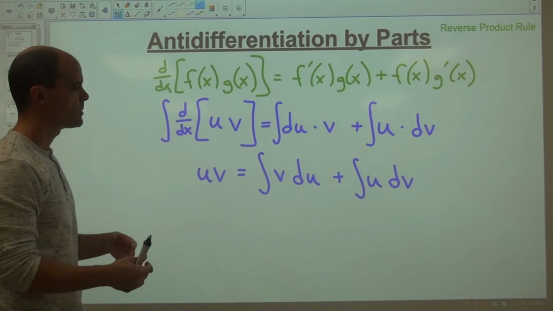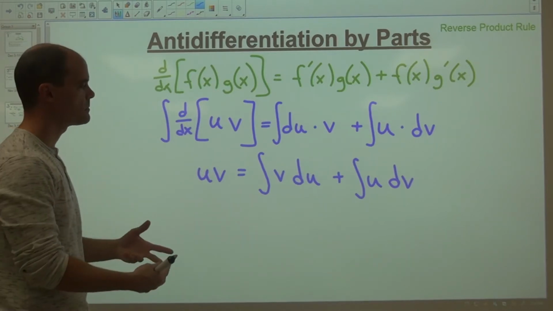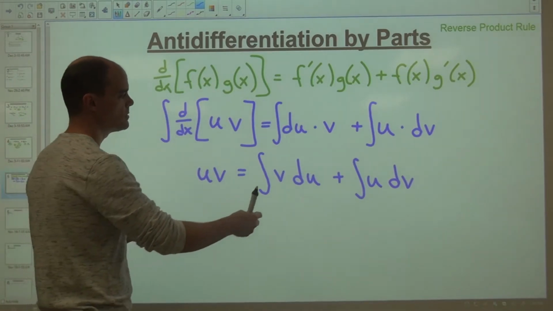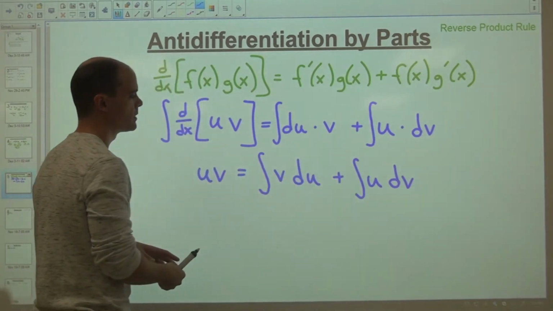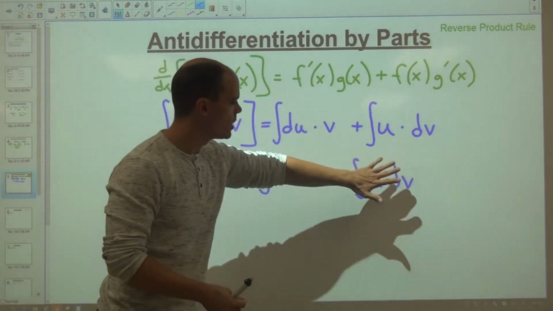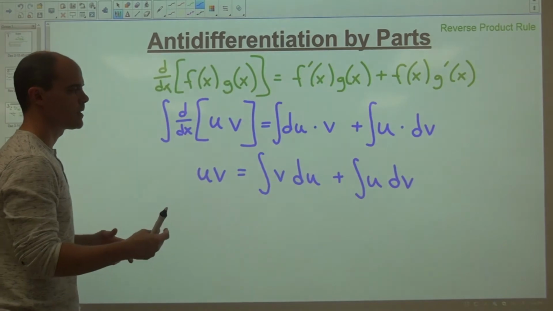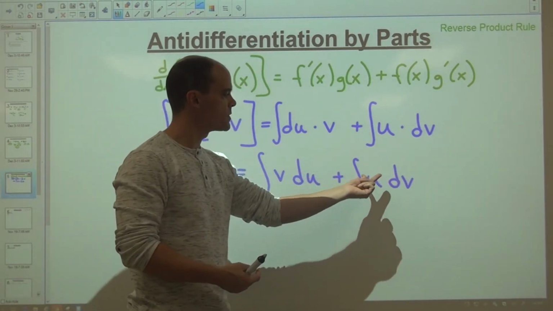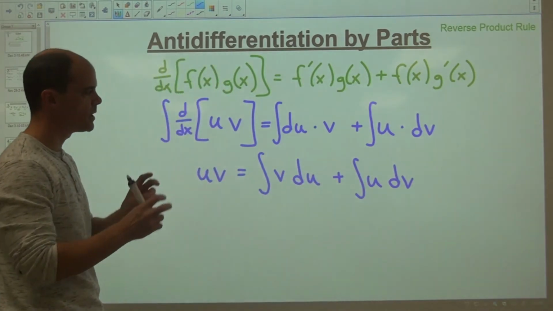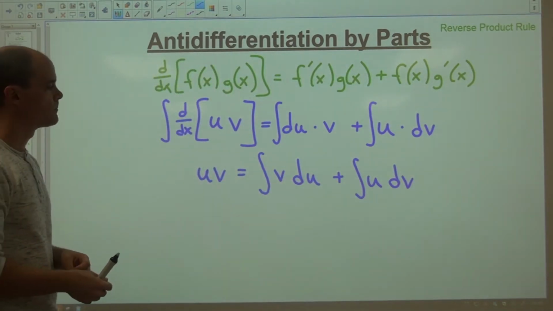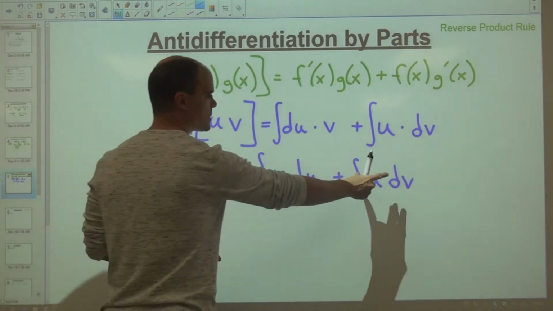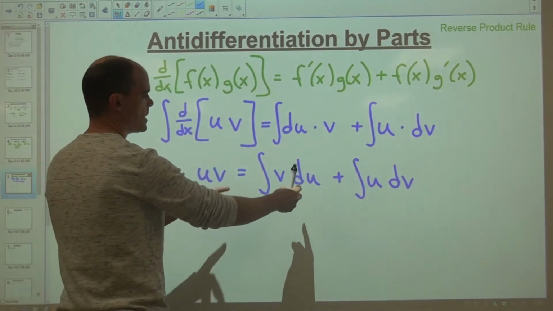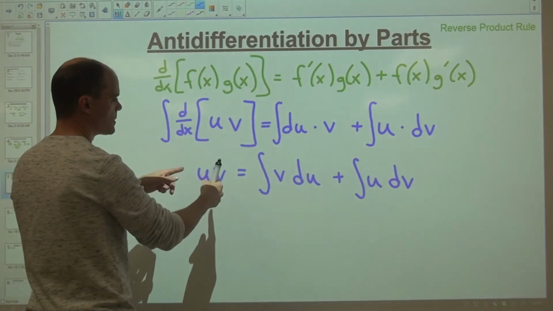However, the problem we're going to get is going to be in terms of an integral. So what I do is I pull a little algebra shuffle here so that I can isolate one of these two integrals. It doesn't matter which one we choose really, but this one we'll find more useful since we started with the premise of u in u substitution. So I'm going to solve for this, in which case I'll be subtracting this.